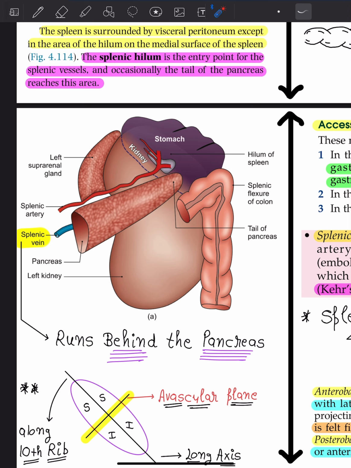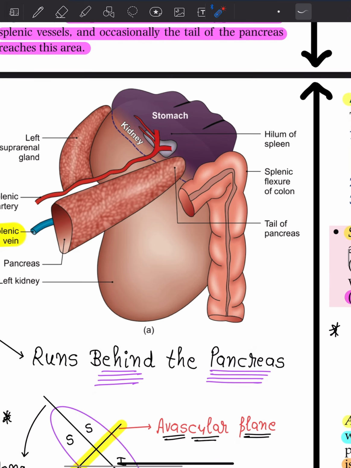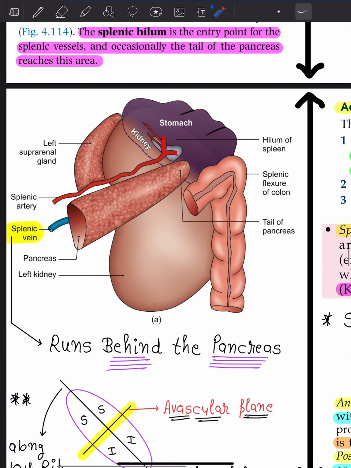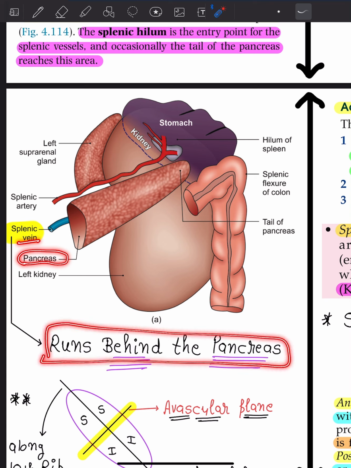So again, in this diagram, you can see the visceral relations, or rather the peritoneal relations, I'd say, I'm sorry. So in the peritoneal relations, first of all, you'll have this major big organ, which is the left kidney. Along lies the left suprarenal gland. Okay, and here's your spleen with the splenic vessels, the splenic artery and the splenic vein. Remember a point about the splenic vein, that the splenic artery almost runs in front and in line with the pancreas, but the splenic vein runs behind the pancreas.